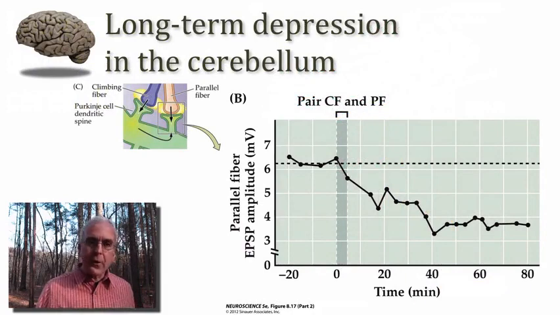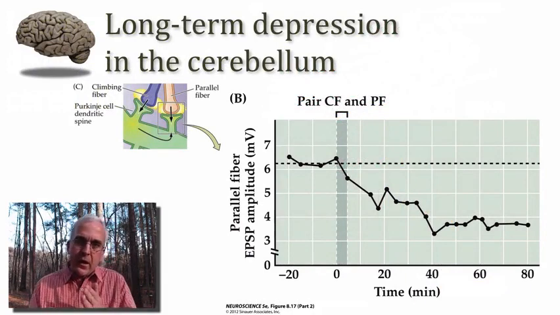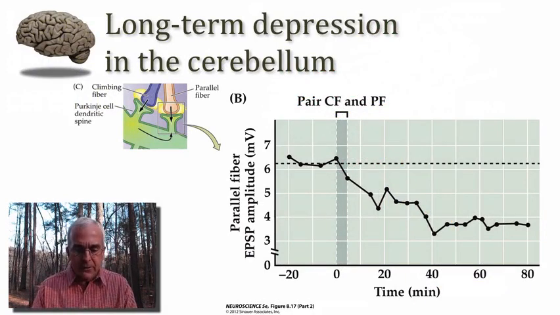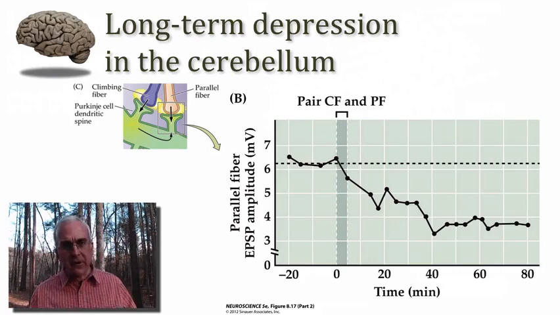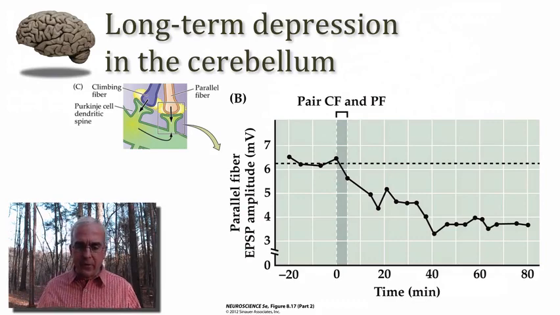And if we combine low frequency stimulation of the climbing fiber at the same time that we activate the parallel fibers, what we find is that there is a depression of the strength of the synapse between the parallel fiber and the Purkinje cell that is expressed over the next 10 to 20 minutes or so and can persist for a very long time. So the form of synaptic plasticity that we see here in the cerebellar cortex is long-term depression.